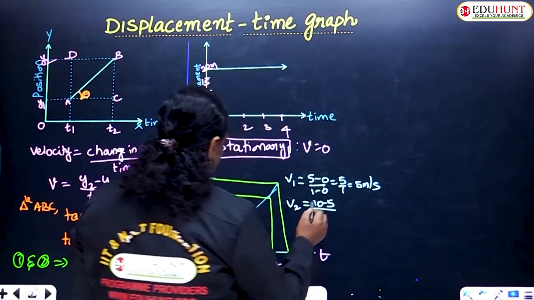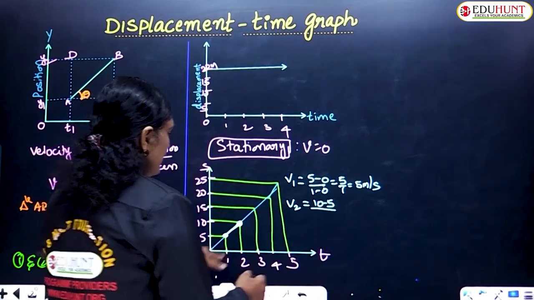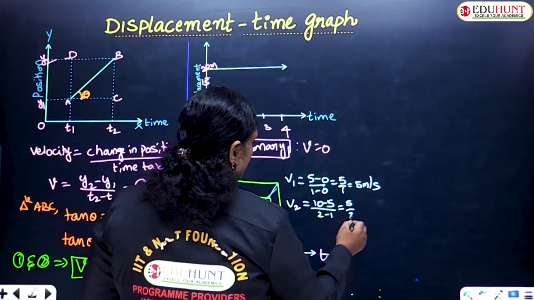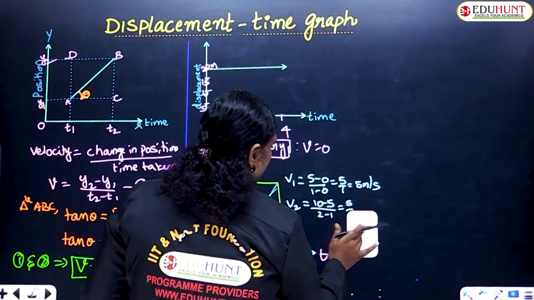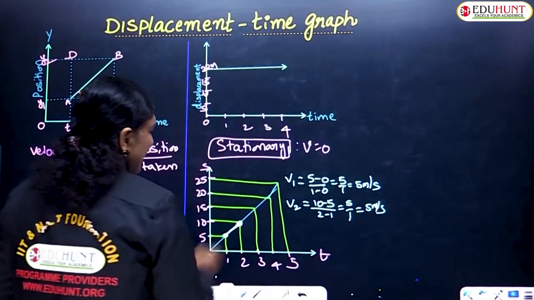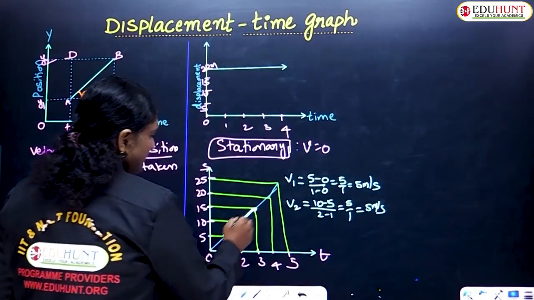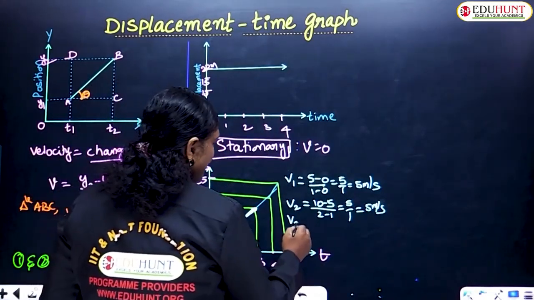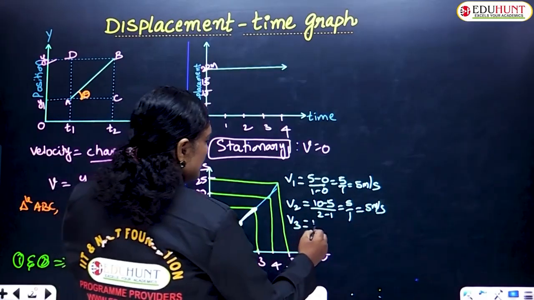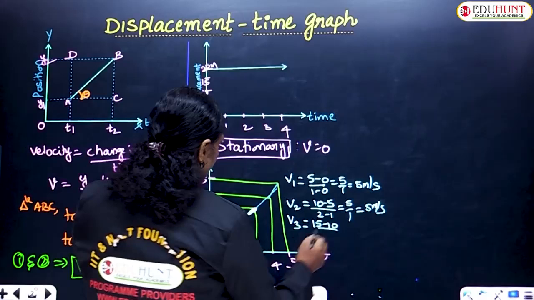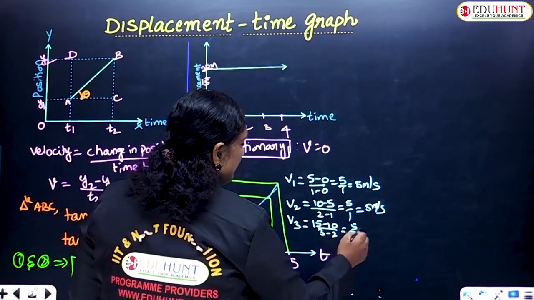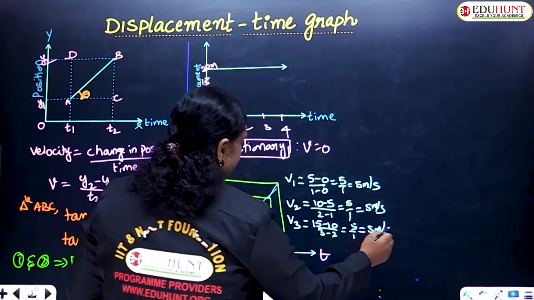That is 5 by 1, which is 5 meter per second. Again, for this region, V3 equals 15 minus 10 upon 3 minus 2, that is 5 by 1, again 5 meter per second.